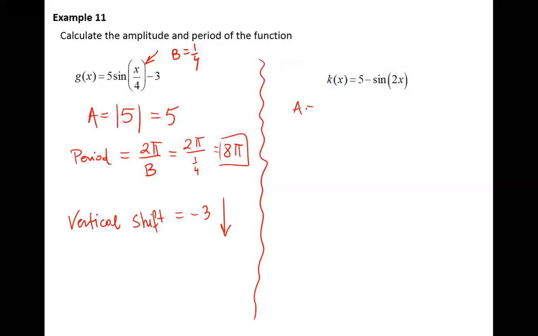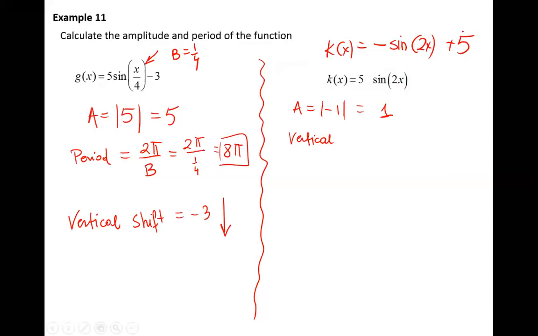First of all, who can tell me the amplitude? Do you think you can tell me the amplitude? It's the coefficient, it's 1. I see the number -1, but of course we're taking the absolute value. No, 5 will be the vertical shift, because I can rewrite this function as negative sine of 2x plus 5.